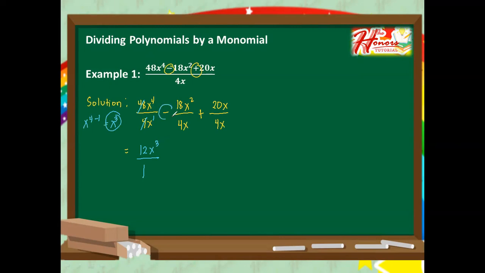Next, copy this part. So minus, think of a number that can divide 18 and 4 at the same time without remainder. We can use 2 because 18 and 4 are divisible by 2. What do I mean by divisible?